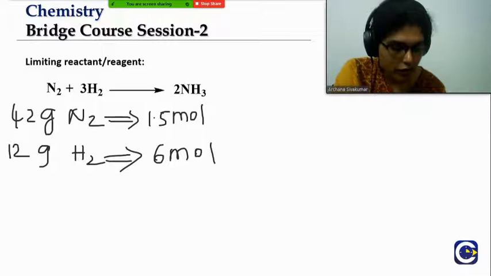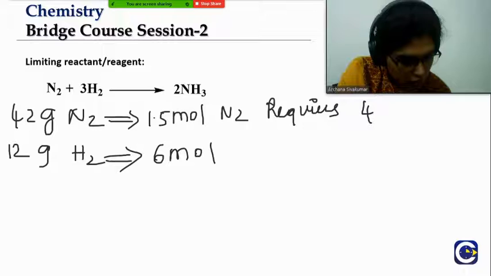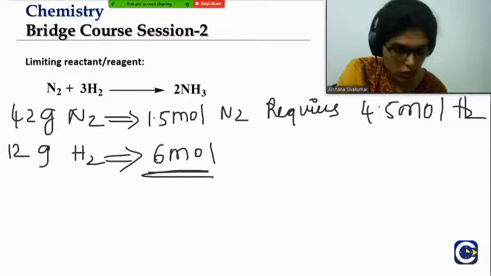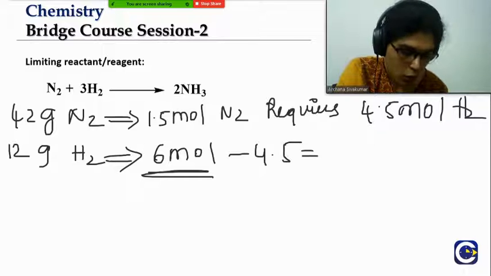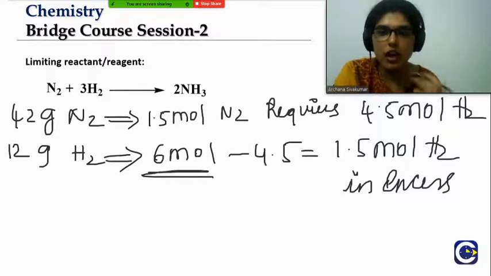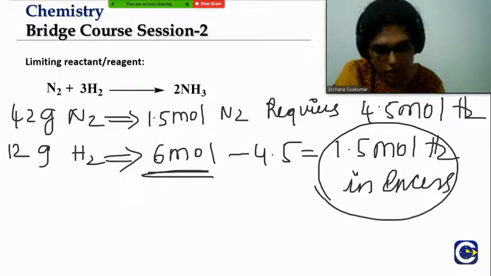So 1.5 moles of nitrogen requires only 4.5 moles of hydrogen. 6 moles is present, so minus 4.5, 1.5 moles of hydrogen is present in excess. This is what we have found out here. So one thing is done. What is the limiting reagent? Nitrogen will function as the limiting reagent.